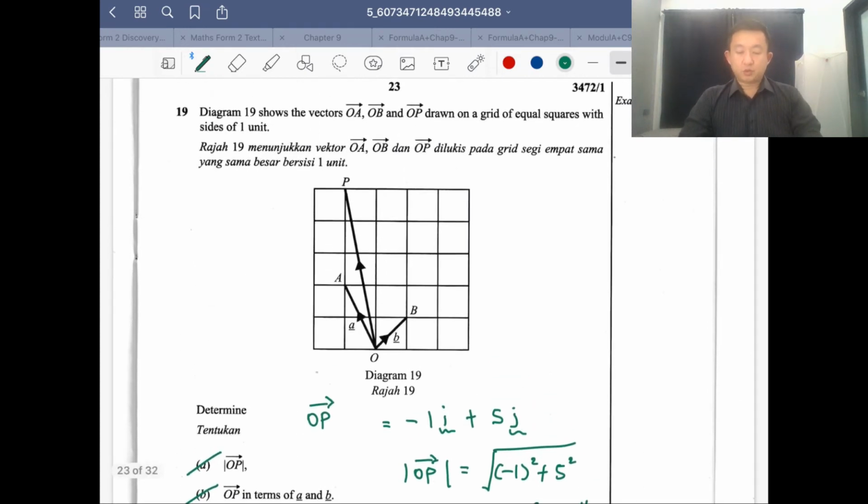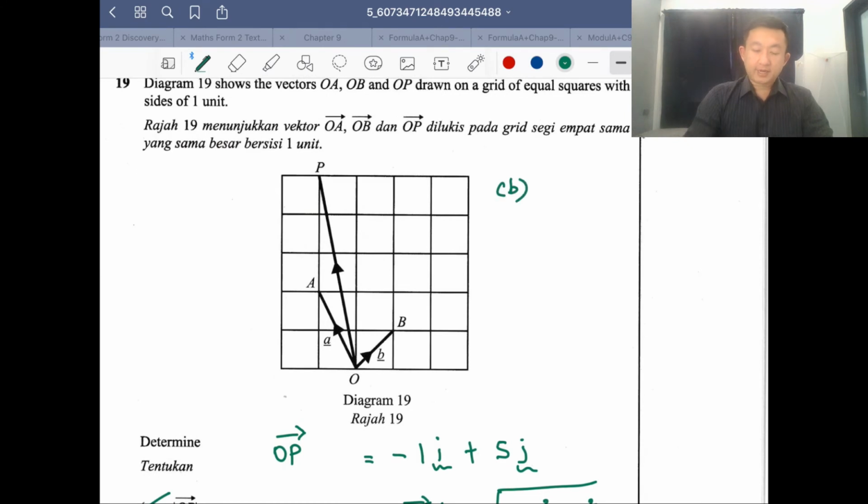B, vector of OP in terms of a and b. So we have to look at a and b first. a is like this, the direction. b is like this, the direction. So you need to think of how you start at O and end at P, traveling from O to P using a and b only. Maybe you just have to try. OA, and then another OA, and then b.